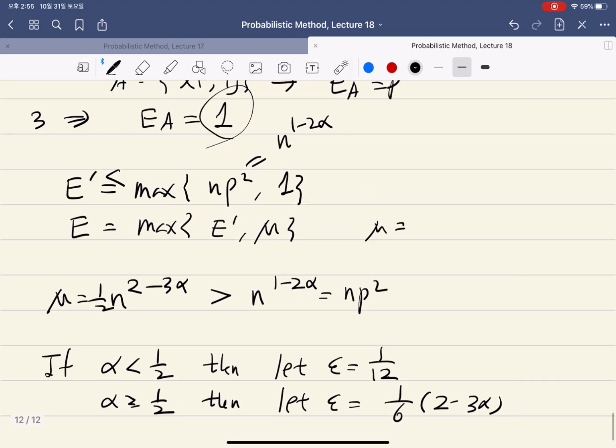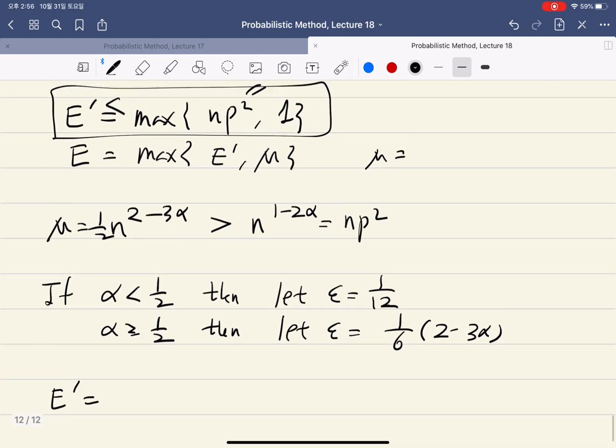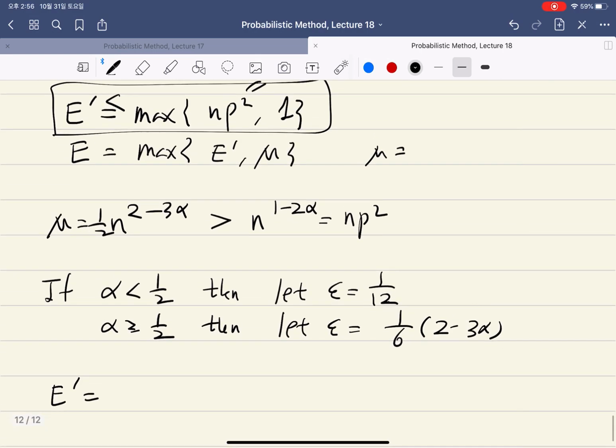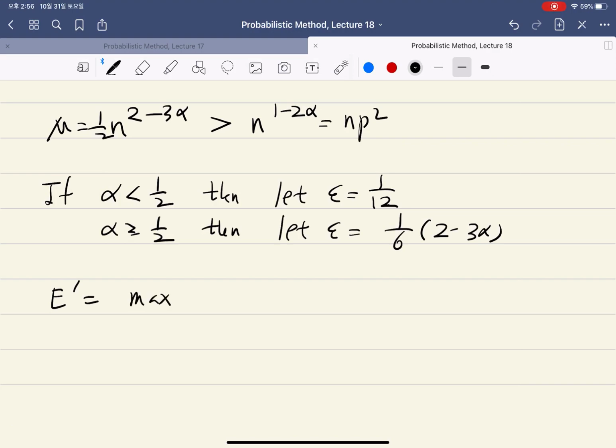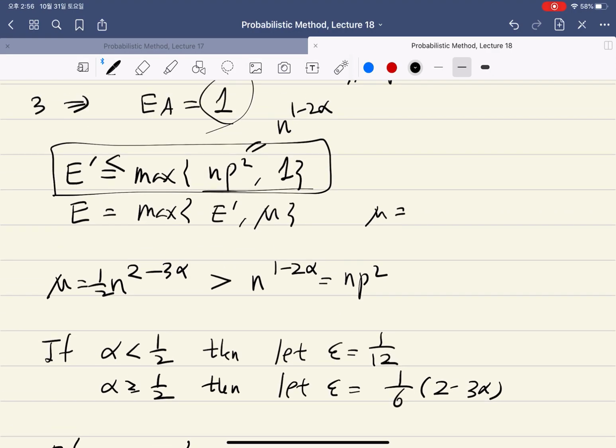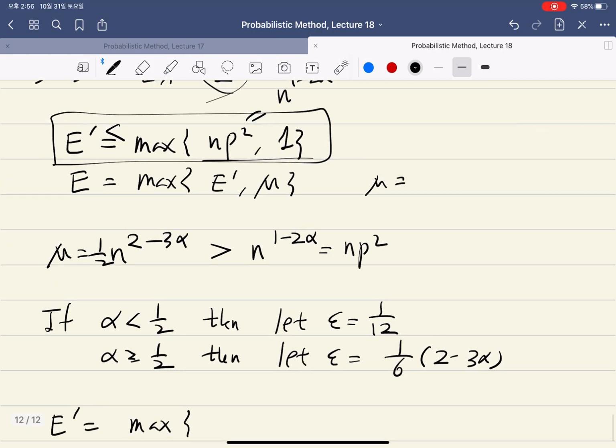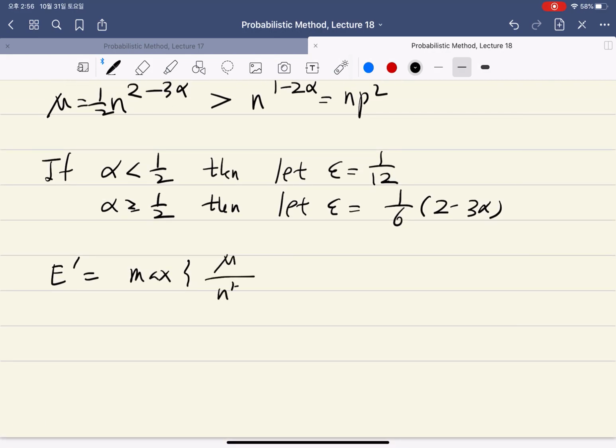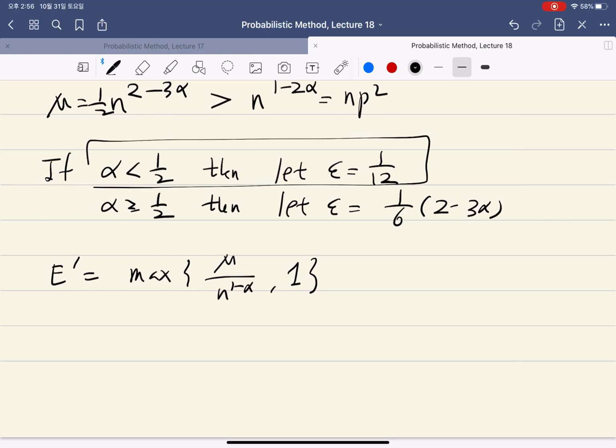E prime is the maximum of, what's this? That's mu under n to the 1 minus alpha, or 1. In this case, this 1 minus alpha is bigger than half, which is 6 times epsilon.